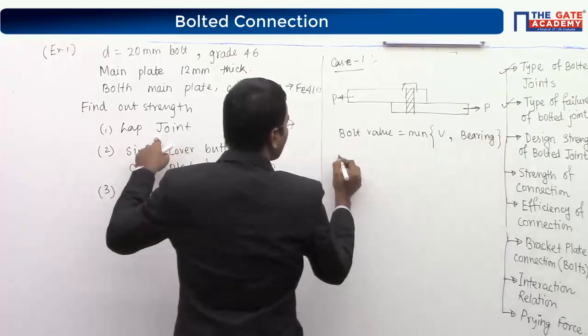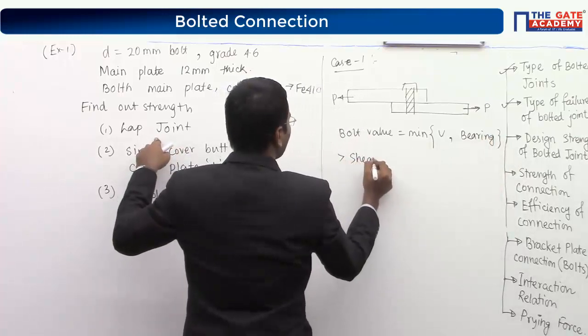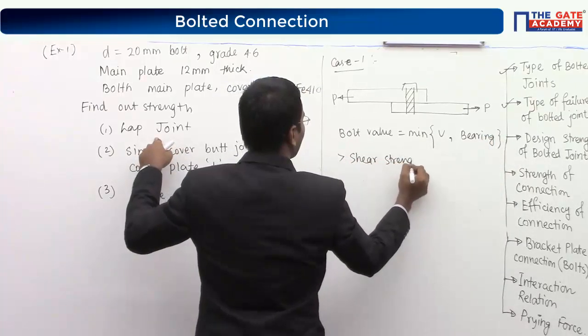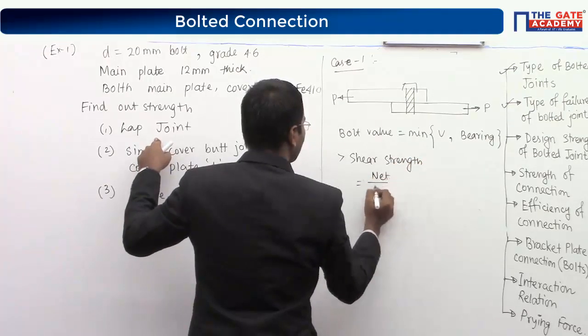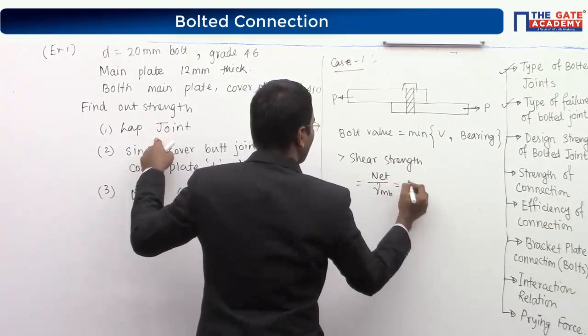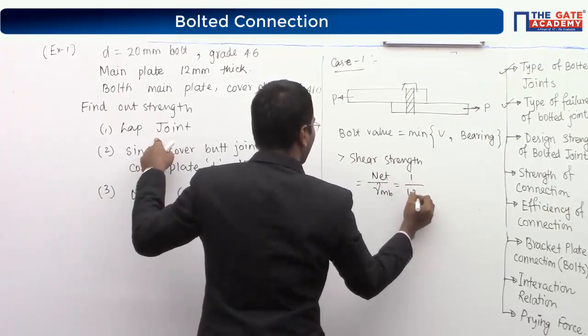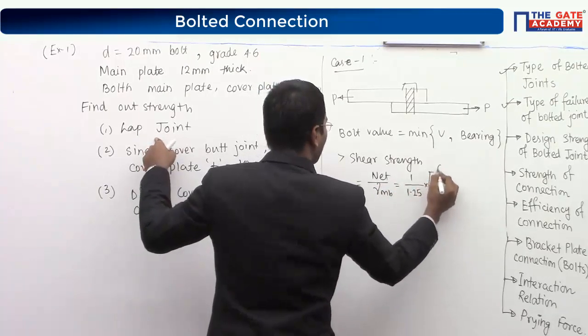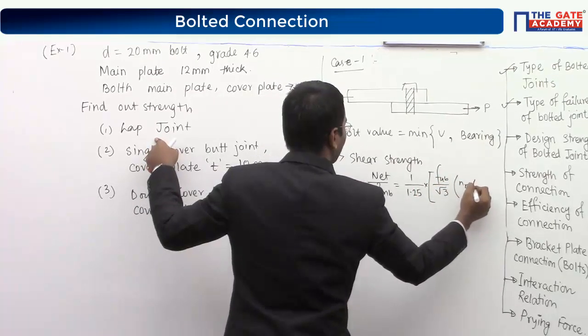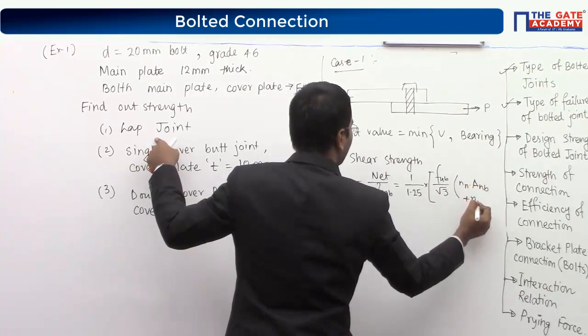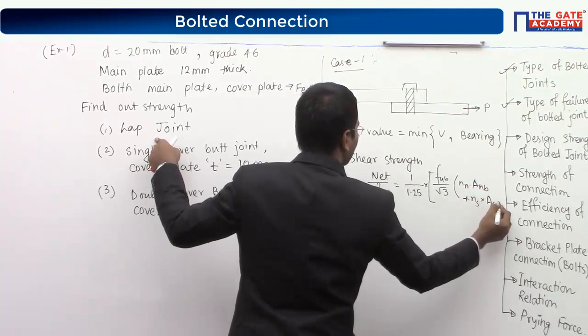So first, shear strength equals V or net shear strength divided by gamma mb, which is equal to 1 by 1.25 multiplied by f of ub divided by root 3 into nn multiplied by anb plus ns multiplied by asb.